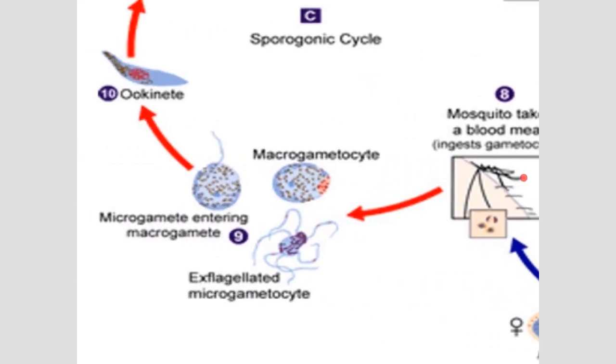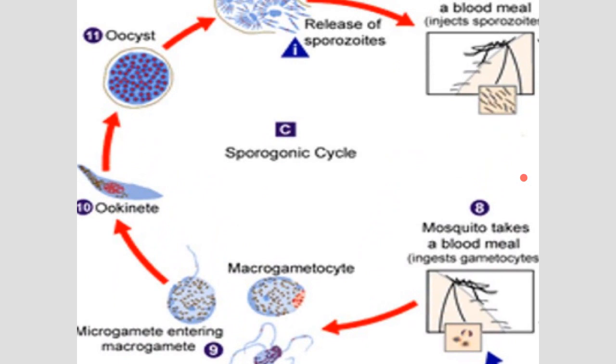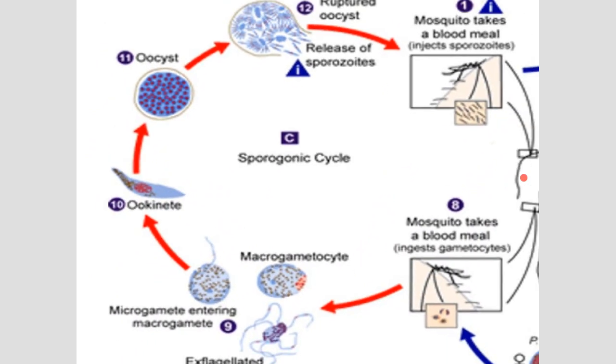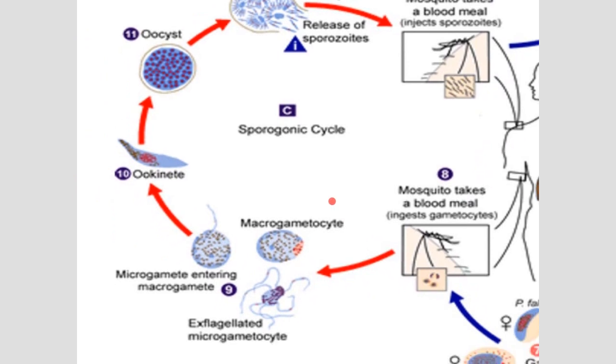The other important thing that you can see over here, let me see if I can decrease it a little bit, we call a sporogonic cycle. In this case, they complete part of their cycle outside the human, within the mosquito.